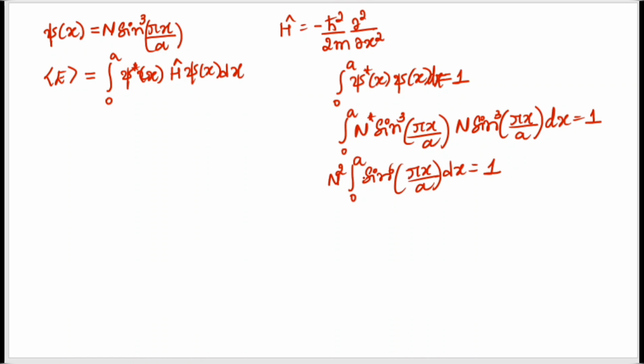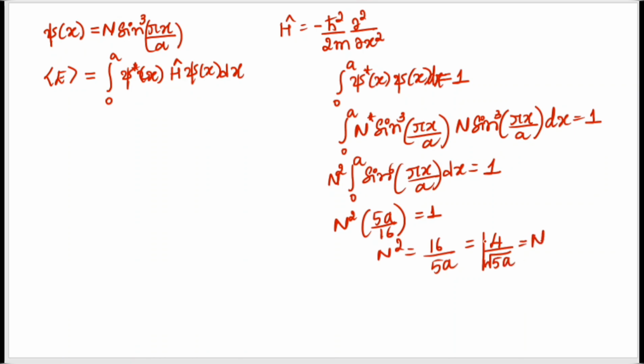After applying the limits also, I get pi a divided by 16. On substituting, I get n square times pi a divided by 16 equal to 1. Now n square will be equal to 16 divided by pi a, or n is equal to 4 divided by square root of pi a, right? This is the value for n.